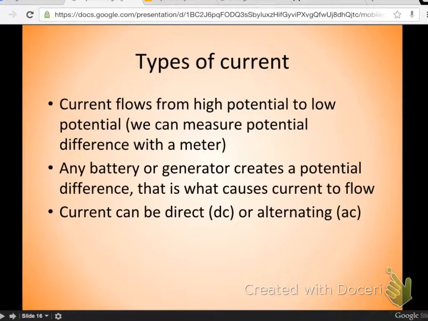Okay. Now, we get to some important stuff here. There are two kinds of current. So current goes from high potential to low potential, just like water flows from an area of high gravitational potential energy to low gravitational potential energy. Top of the waterfall to bottom of the waterfall.